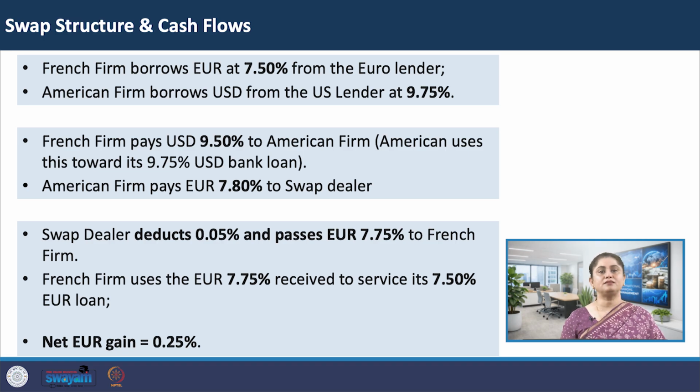The American firm pays 7.80% to the swap dealer. The swap dealer deducts 0.5% and passes euro 7.75% to the French firm. The French firm uses the euro 7.75% received to service its 7.50% euro loan.